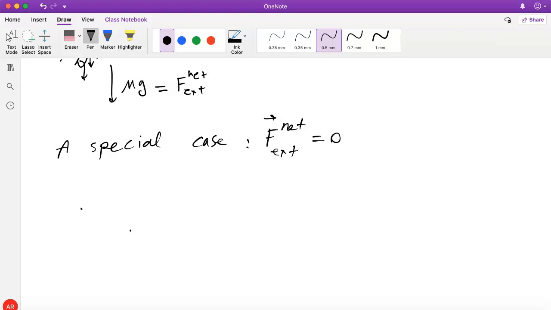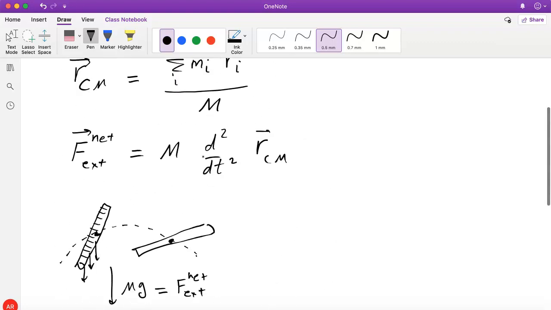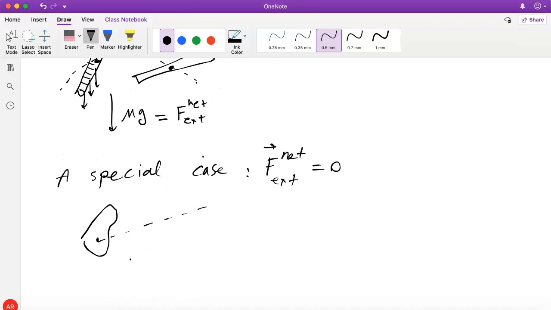So take an arbitrary object, let's say it has a center of mass here. As you give it a kick and then there are no external forces, the only thing the center of mass can do is move along a straight line with constant velocity. It can't do anything else because the acceleration, the second derivative of the position of the center of mass with respect to time, must be zero. But the object can, for sure, rotate around the center of mass.